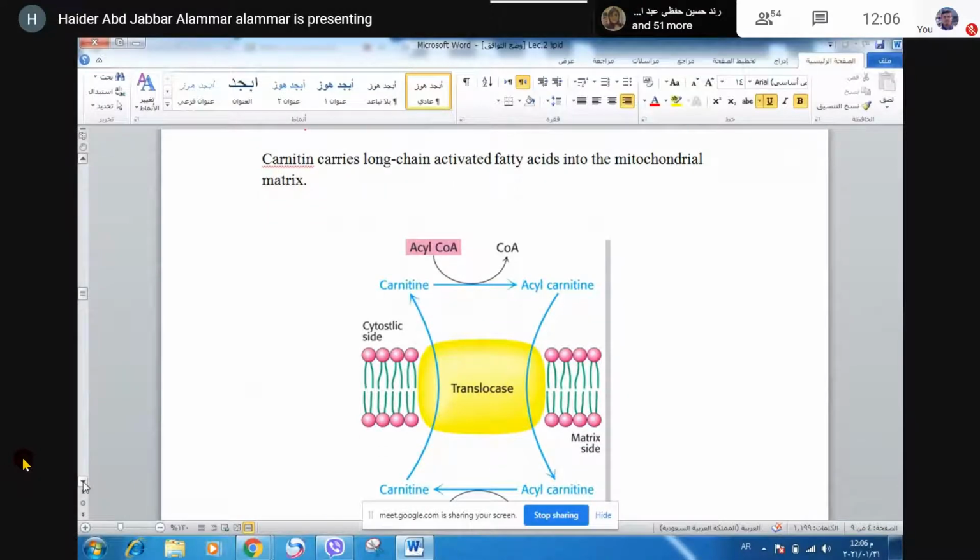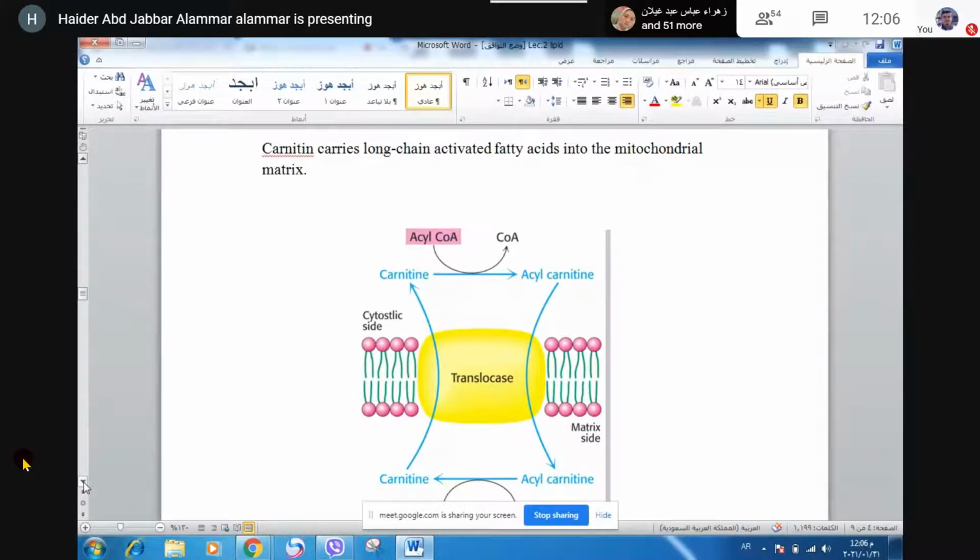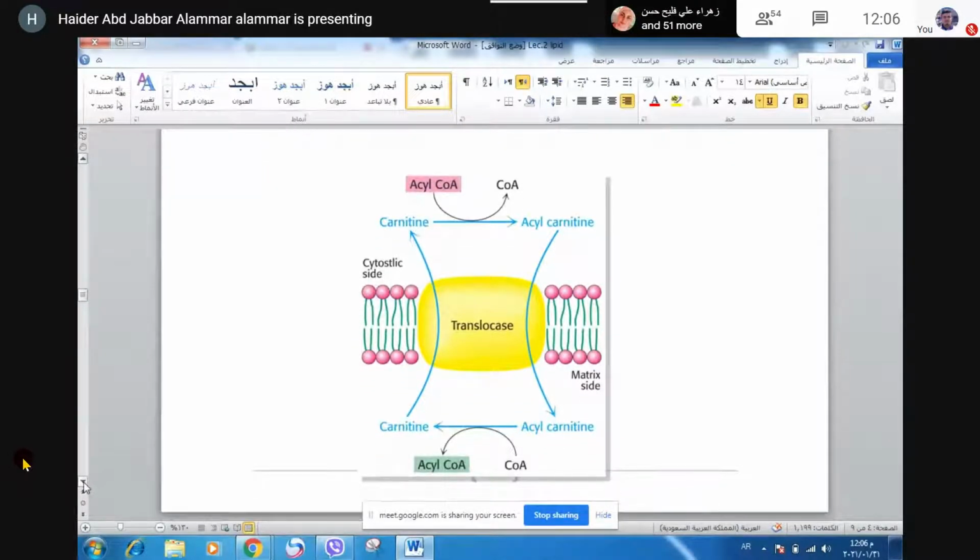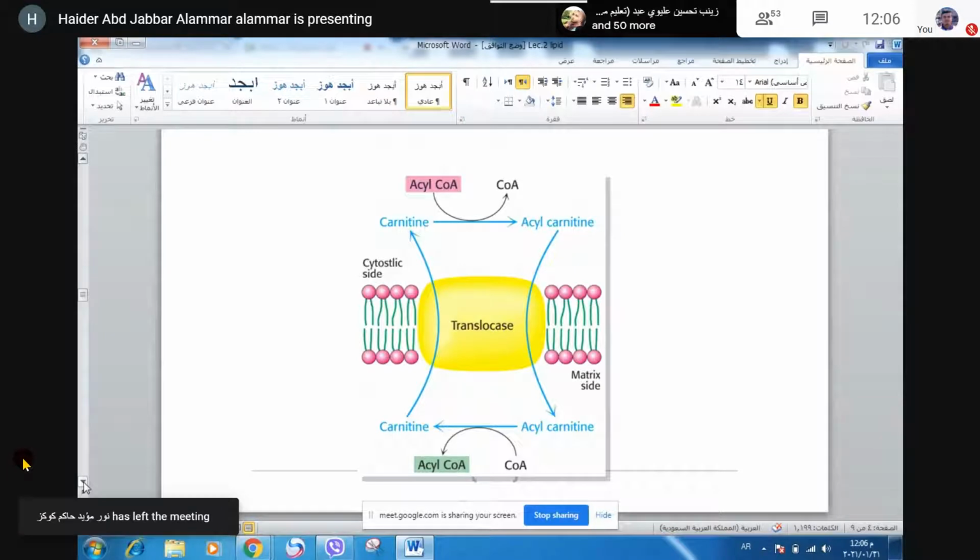The first is carnitine acyltransferase 1, located in the outer mitochondrial membrane; the second is the translocase enzyme, located in the intermembrane space; and the third is carnitine acyltransferase 2, located in the inner mitochondrial membrane.